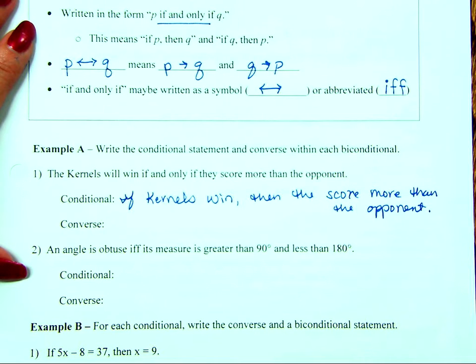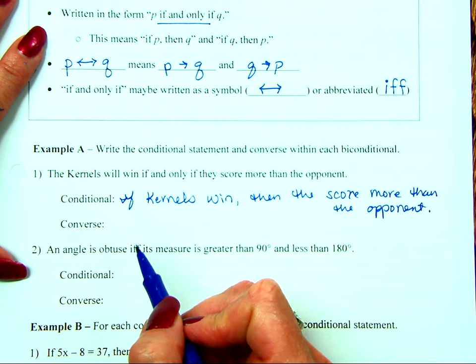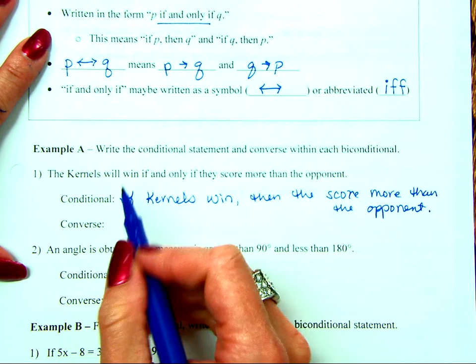The converse would simply be the flip-flop of that statement. I'm going to flip it around: if they score more than the opponent, then the Colonels win.